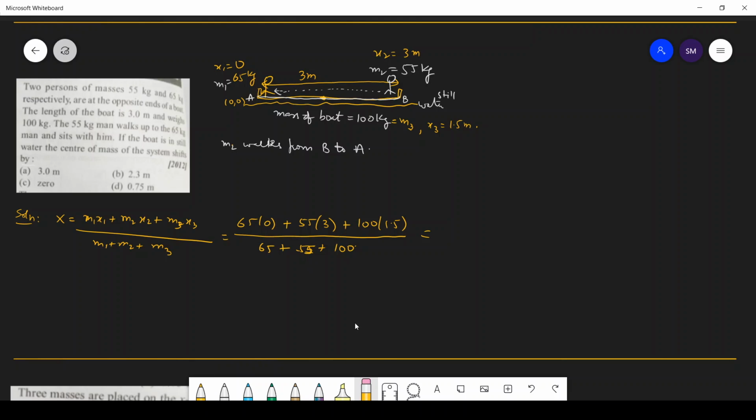So how much does it equal to? 65 into 0 is 0. This is 165 plus 150 divided by 120 plus 100, and this comes out to be 315 upon 220.